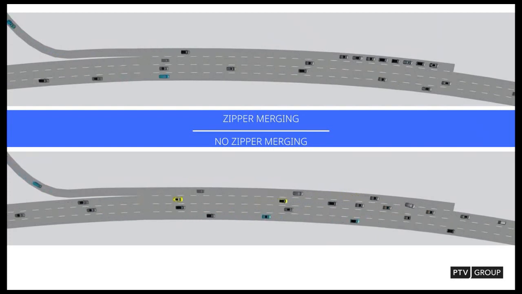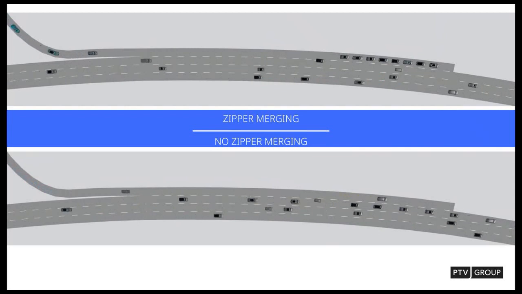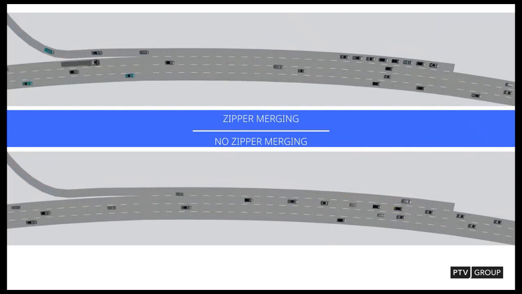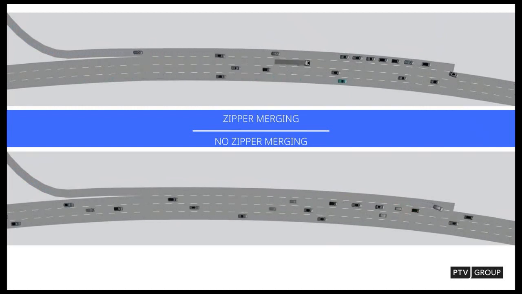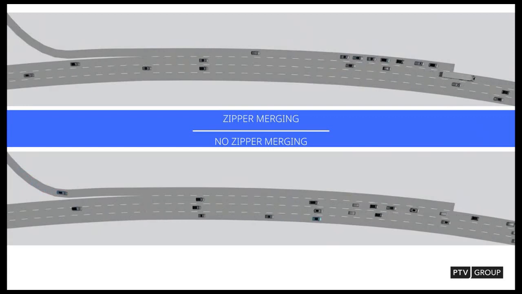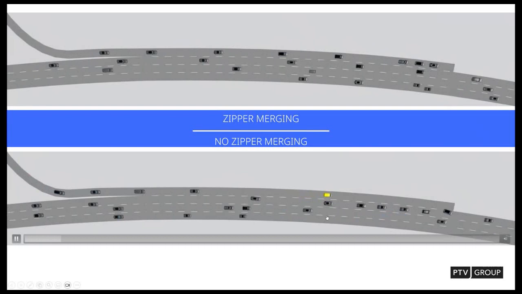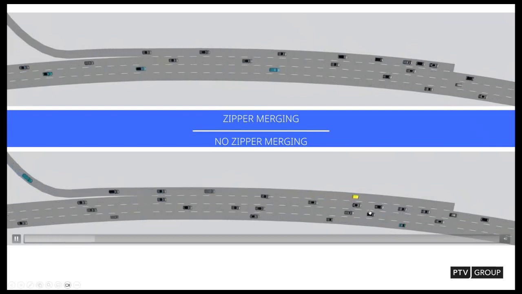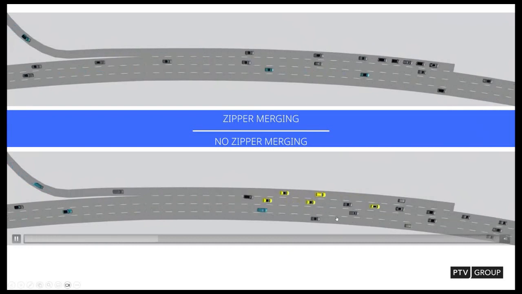And now with the zipper merging and cars on the main direction slowing down to create gaps for the vehicles on the on-ramp, the spillback is more distributed on both. When you look at the zipper merging variant below, you might think it's not fully efficient how the drivers are behaving here.